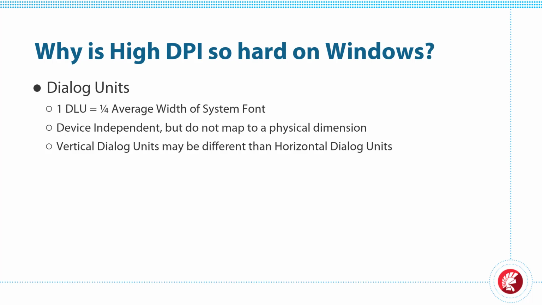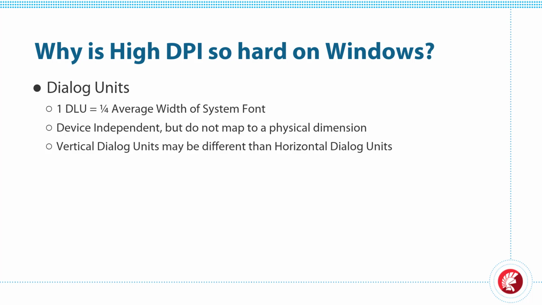And it was a way, old Win32 even goes back to just traditional Windows programming, of how you would position something. And so there's a concept of a dialogue unit, which is 1/4 the average width of the system font. And it's supposed to be device independent, which it is, because it doesn't matter whatever the system font happens to be, that's this size.